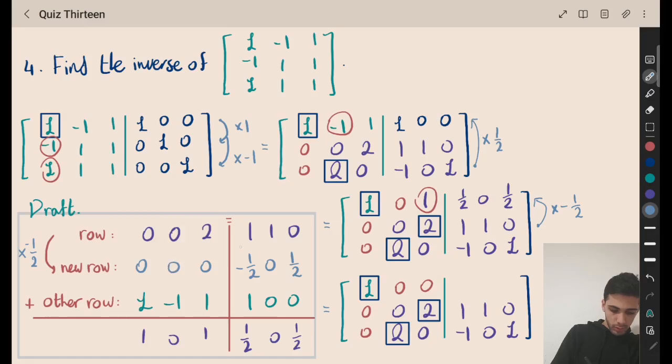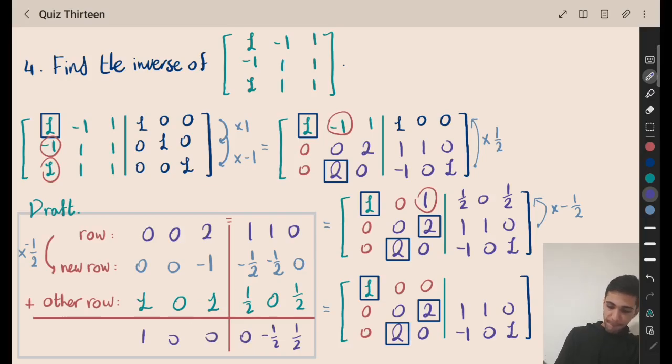So you get 0, 0, minus 1. I'm adding this to the first row. Which will give me, yes, exactly, 1, 0, 0, 0, minus half, and a half.